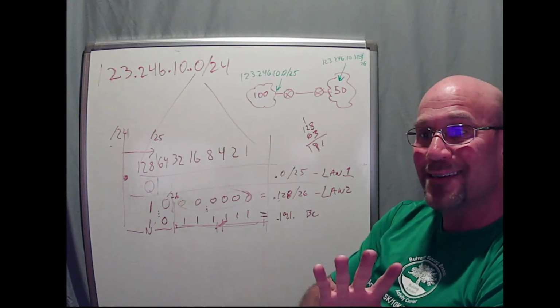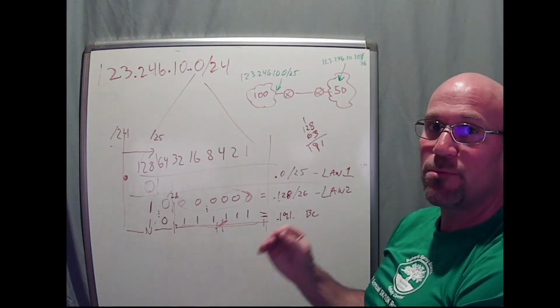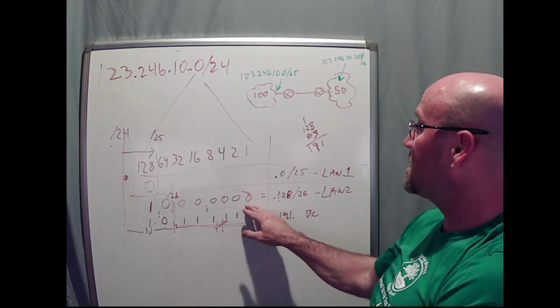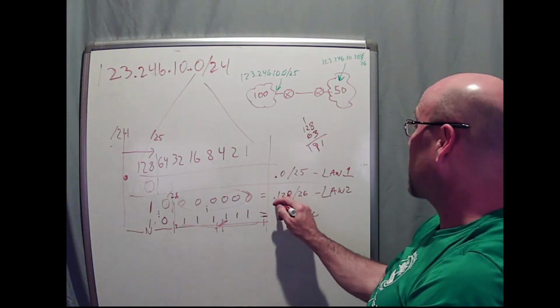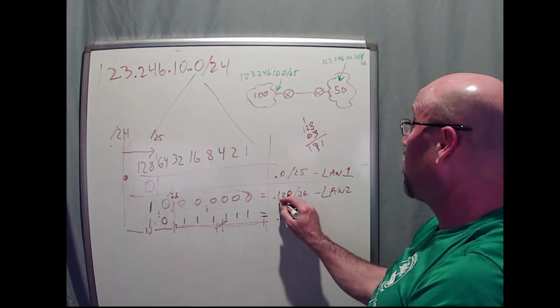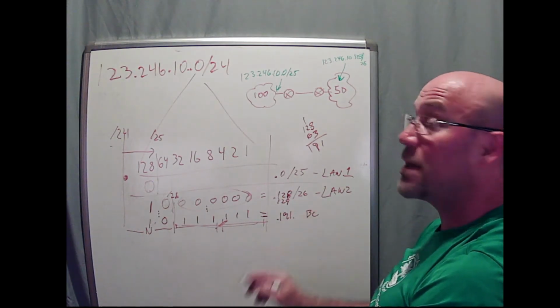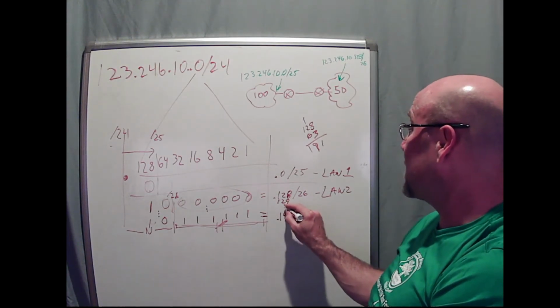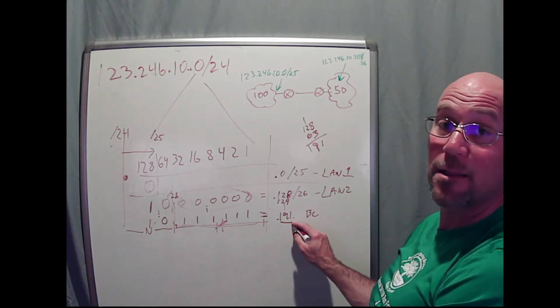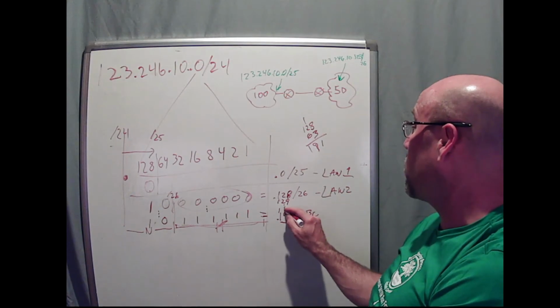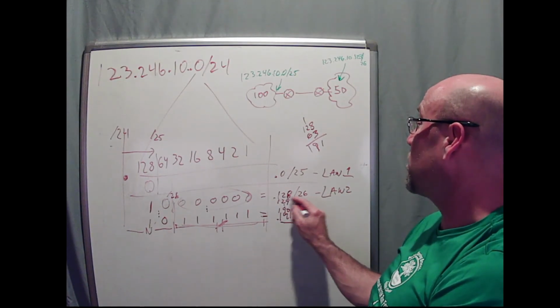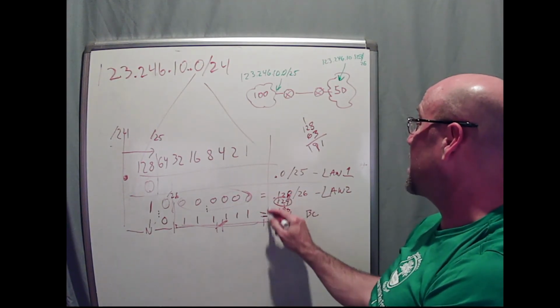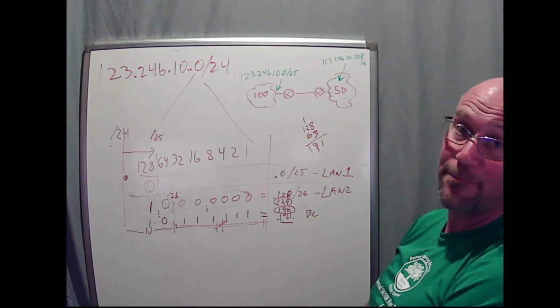So if you're asked, what is the first usable address on this subnet? It's not the network ID, it's one after that. So 129 is the first usable. What's the last usable? It's 1 less than the broadcast, which would be 190. So the first usable on this subnet is 129. The last usable is 190. Okay?